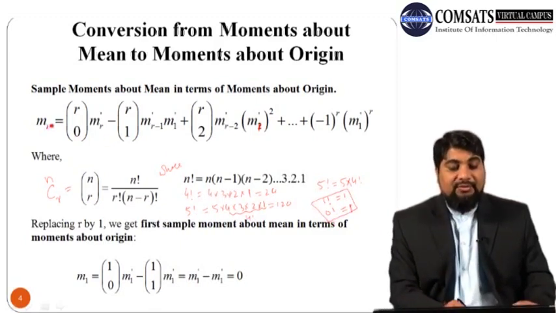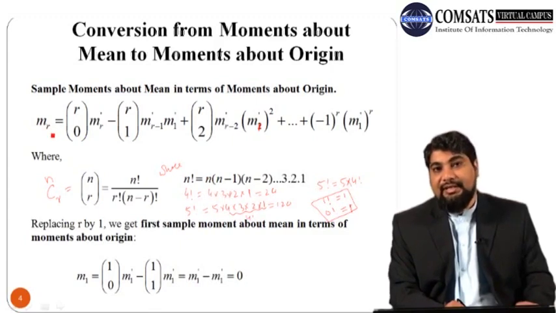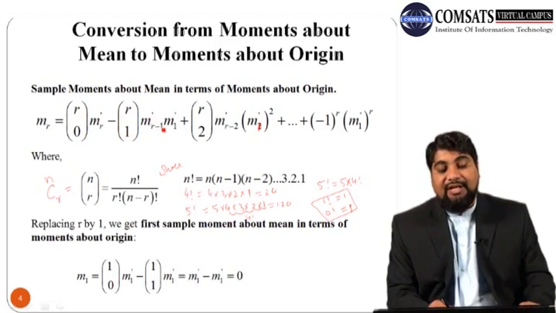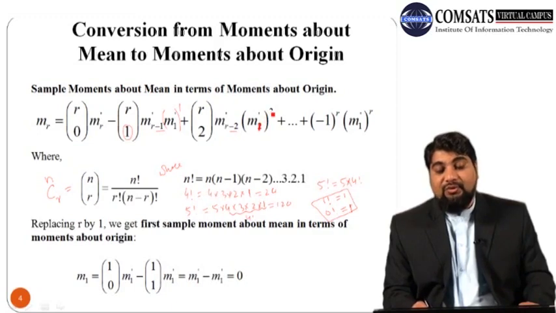So coming back to our main formula, m_r, which is the rth central sample moment. It is rC0 m'_r, then minus sign, rC1 m'_(r-1). Look at here, we have 1 here, so subtract this 1 from r, minus 1, and then m'_1 raised to power 1, and then rC2, so subtract 2, r minus 2, and then m'_1, so m'_1 whole square.